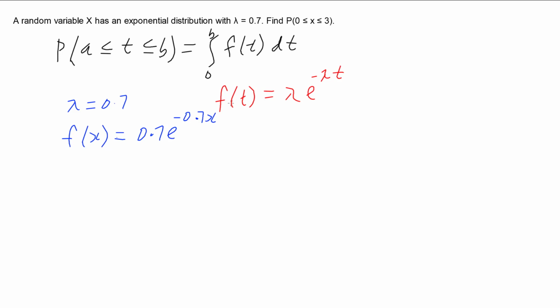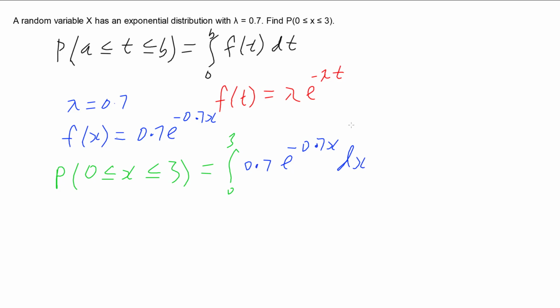And so when we go to our integral, the probability that x lies between 0 and 3 is going to be the integral between 0 and 3 of 0.7 e to the negative 0.7 x dx. And so let's have a look at doing this integral.